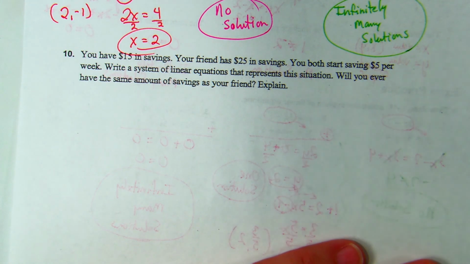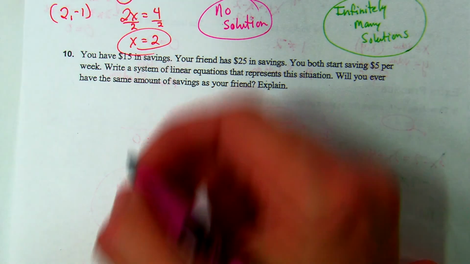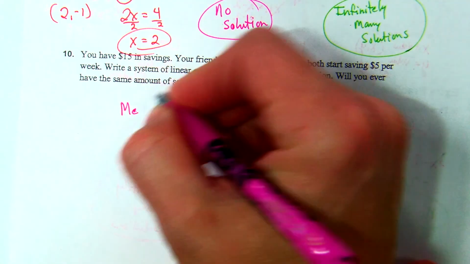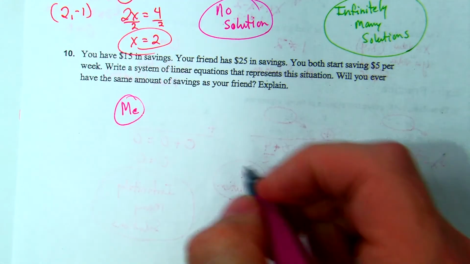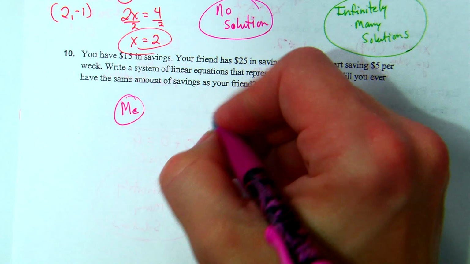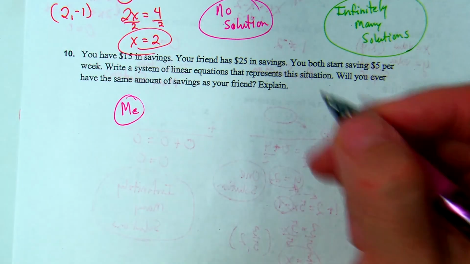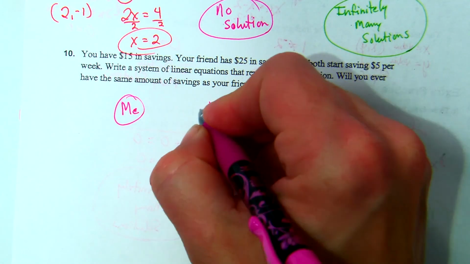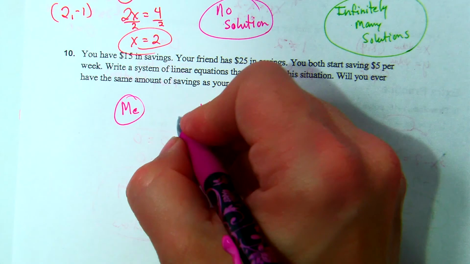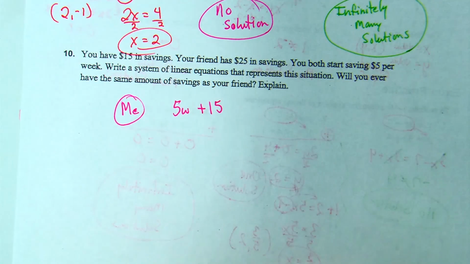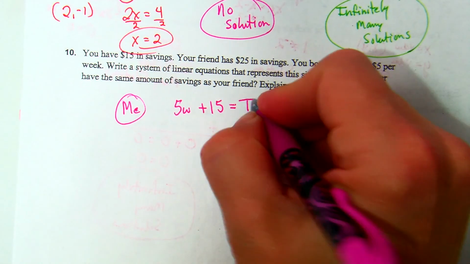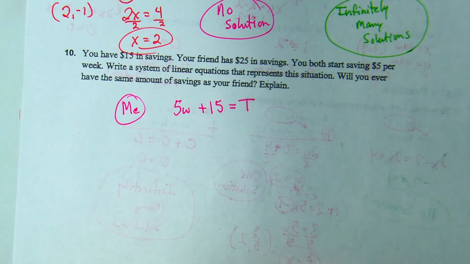All right, so let's write two equations here, and this is going to be me, and then I'll have one for my friend. But me, how much in savings did I start with? $15. And I'm going to put $5 a week. So $5 times every week, plus the 15 that I started with, it's going to equal my total savings.